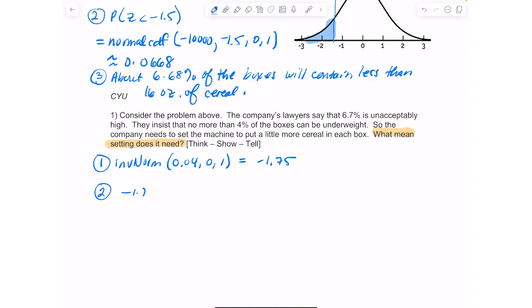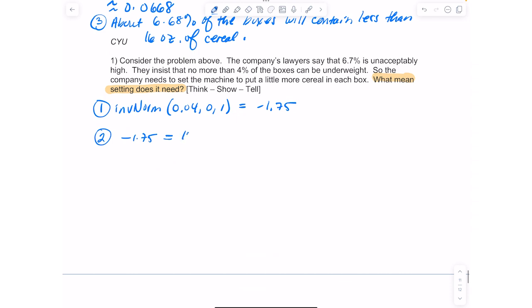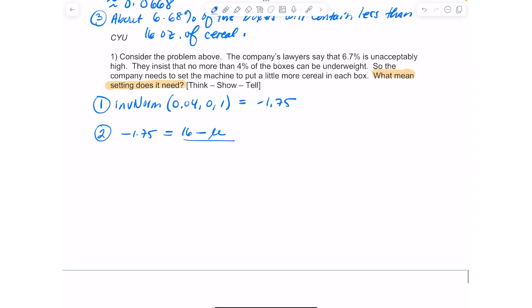I know z equals the weight of the boxes, which we know is 16 ounces, minus the mean. So I'm looking for the mean, which is mu, and my standard deviation is 0.2. And I need to solve for mu. So to do that, I'm going to multiply both sides by 0.2.